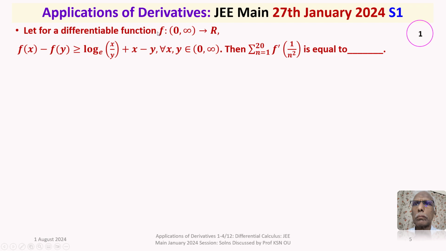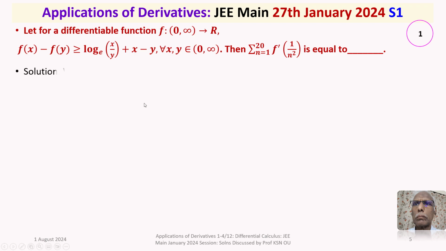That is, your function f satisfies this inequality for all x, y belongs to the open interval 0 to infinity. Then sigma n is equal to 1 to 20 of f prime of 1 by n square is equal to, right.